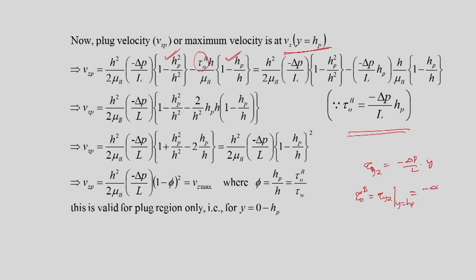So, it is minus delta p by L h p. If you write this in place of tau naught b, then you get this second step.